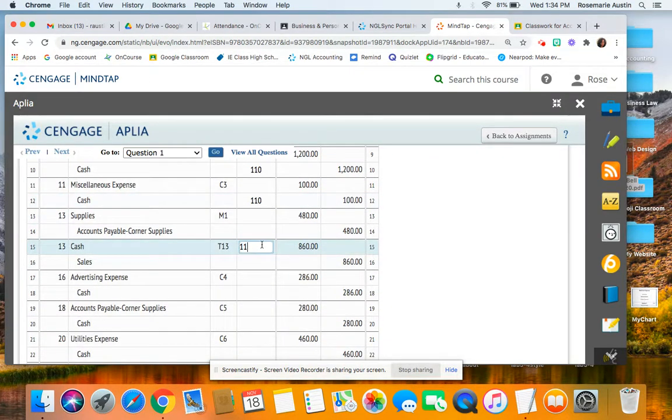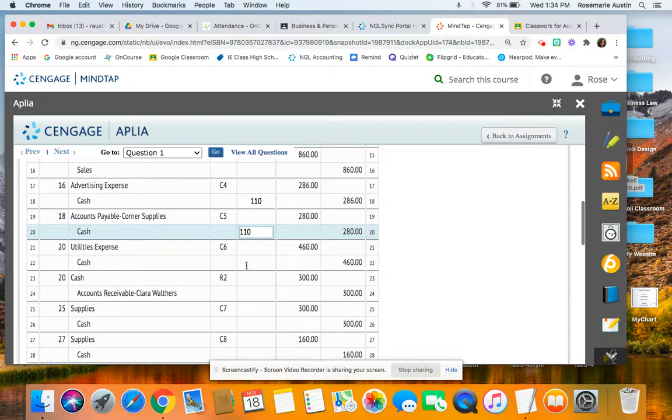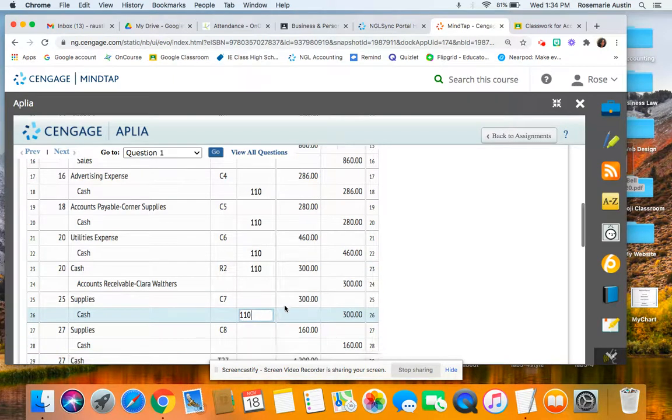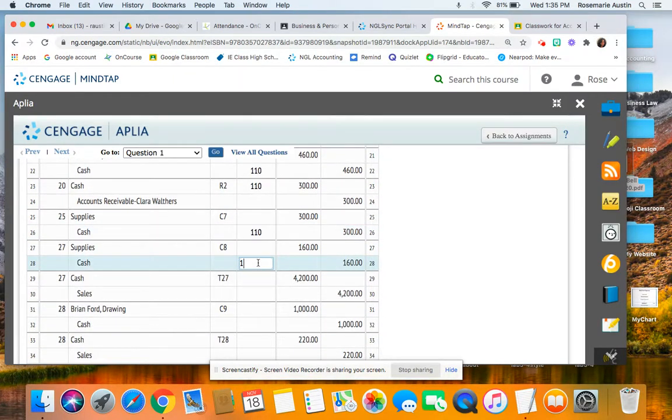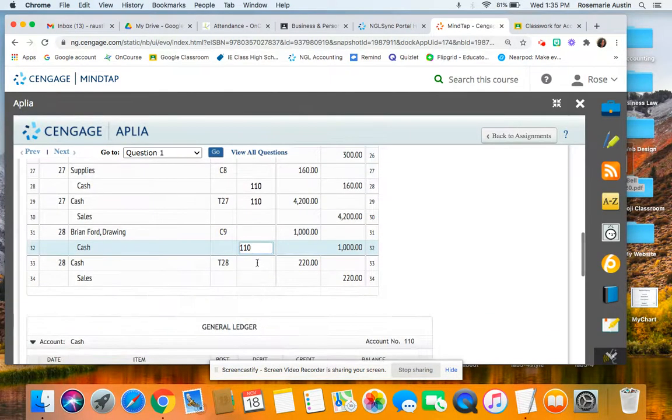Okay, and actually, I was going to do a couple more videos and finish this, but you probably don't need it. This one is the longest ledger that you have to post to. And if you understand the process of everything I'm doing right now, you should be able to get the other ones easily.